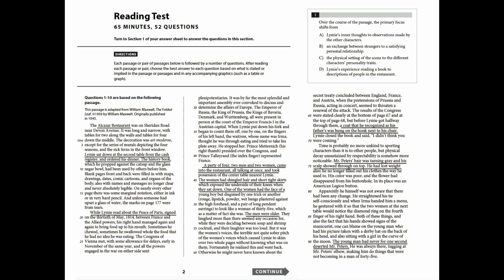Okay, this is the first passage in this particular reading section, and as I mentioned before, it is a literary excerpt passage. Now, of the 5 passages, the other types are going to be social science passages, a dual passage, and what the SAT College Board calls Great Global Conversations passages.